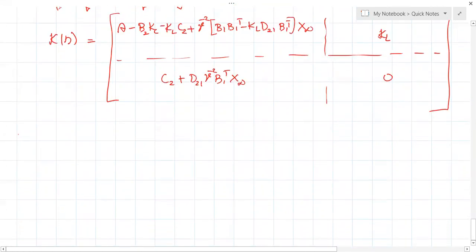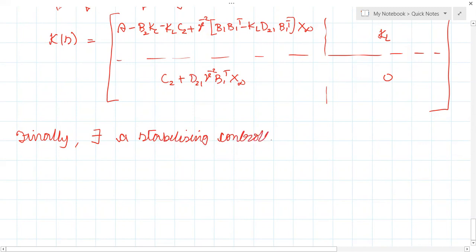So finally, there exists. What's the meaning of this symbol? There exists. That's the meaning. There exists a stabilizing controller K of S if and only if the two algebraic Riccati equations, AREs, are solvable.